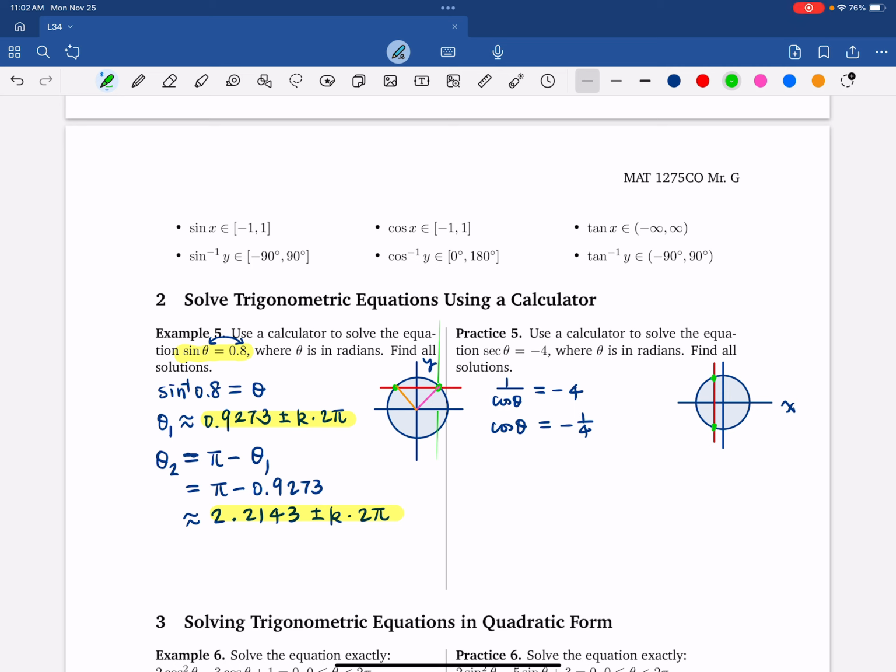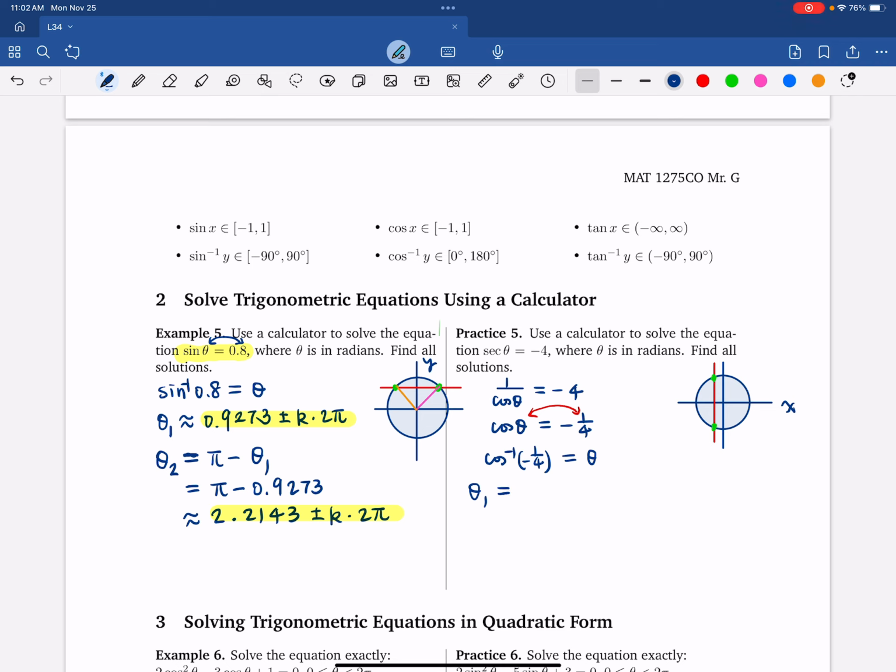So let's use your calculator. On your calculator, you're going to first convert this to the inverse, right? So cosine becomes cosine inverse, and then you switch these two numbers. So cosine inverse of -1 over 4 equals theta. And use your calculator, you're going to get one of the solutions. I'm going to call it theta 1.